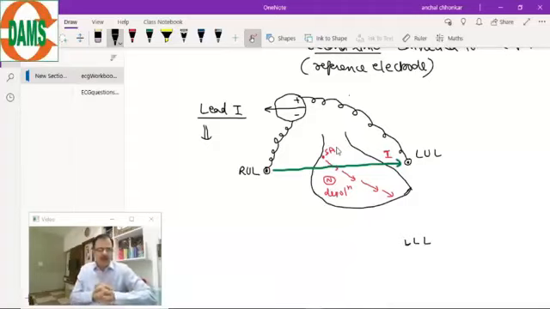Okay, I will repeat it once again. The heart is in the center. This is the right upper limb, this is the left upper limb, and this is the left lower leg.